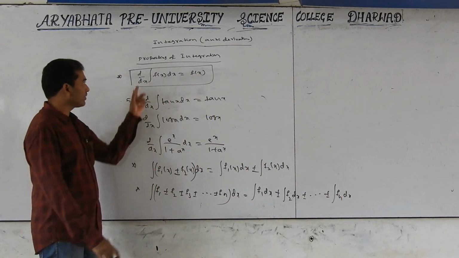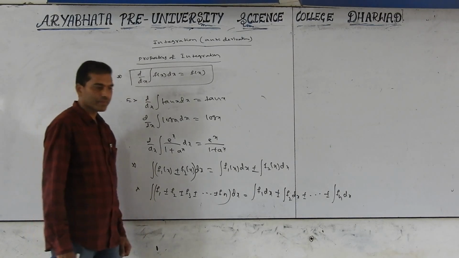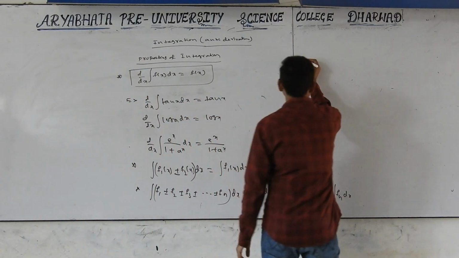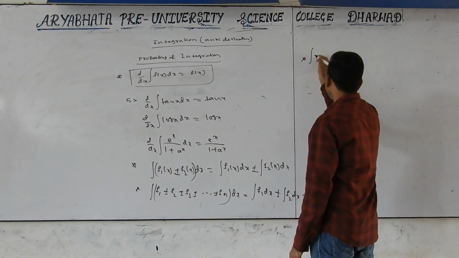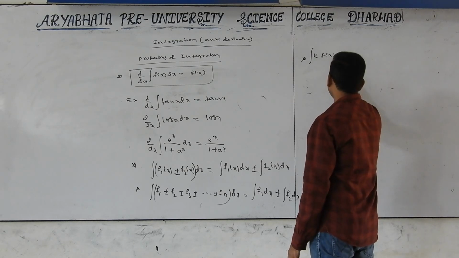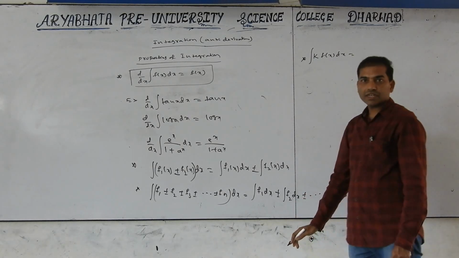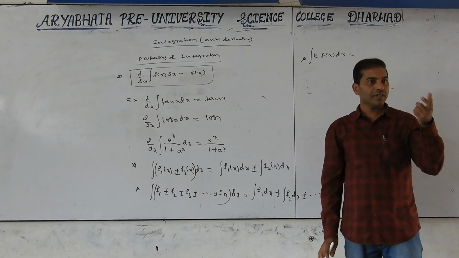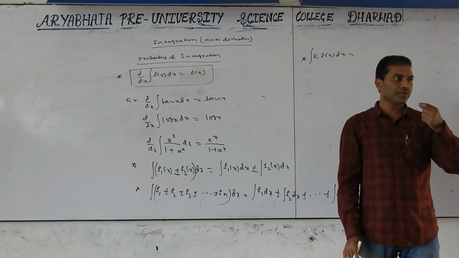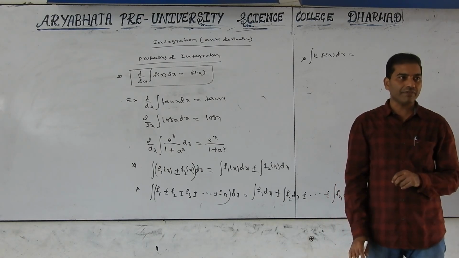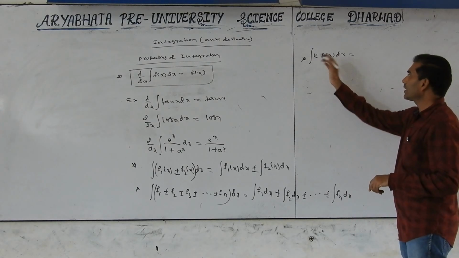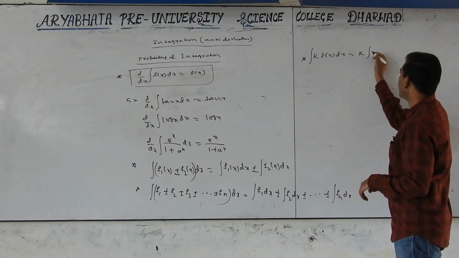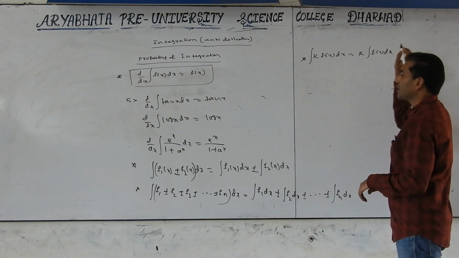This is the property of integration. Next, integration of some constant k into f of x dx. In differentiation, we discussed d by dx of k into f of x equal to k into d by dx of f of x. The same procedure here: take out k, k into integration of f of x dx.